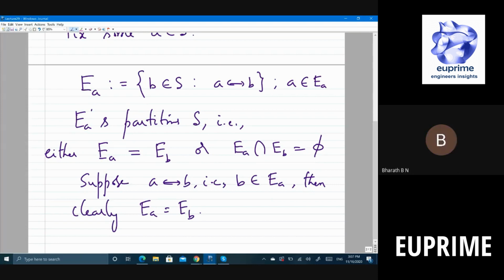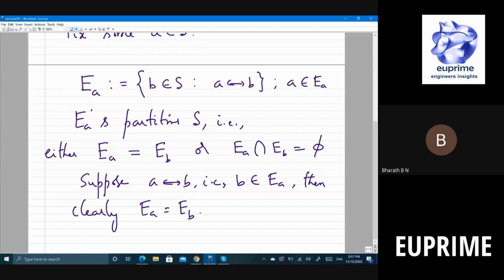Sir, if there is a state C that also communicates with A, but here we are partitioning, like EA is partitioning S, then C will not be able to communicate with A then? No, if, for example, C belongs to EA, then C can communicate with A. It can go back and forth from A to C and C to A, right?